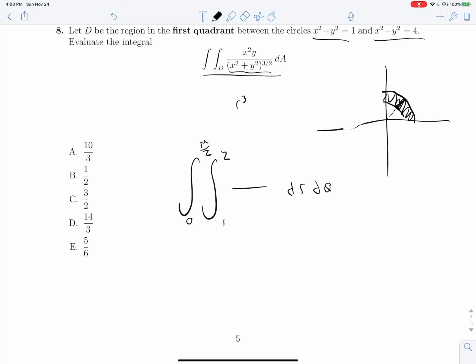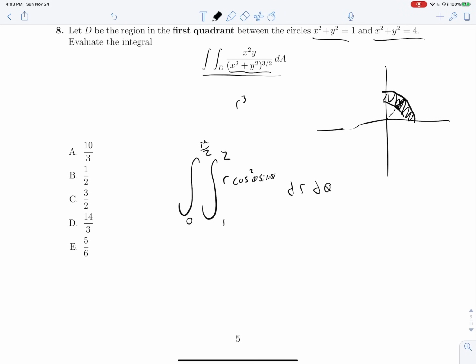So we have something over r cubed, and there's always an r sitting in here, so we'll put that there. And then x squared y, that's just going to be r cubed cosine squared theta sine theta. So simplifying everything down, we can get rid of a lot of things, and we are left with r cosine squared theta sine theta, which is good because we can do some u substitution later on down the line.